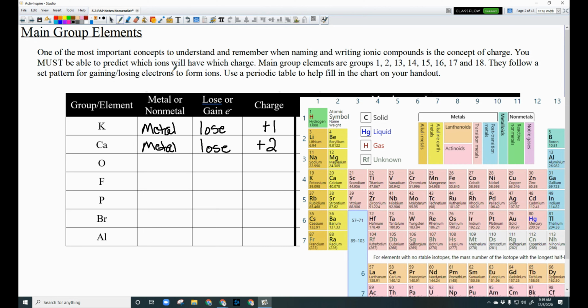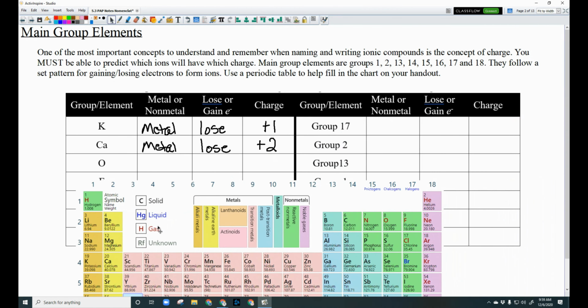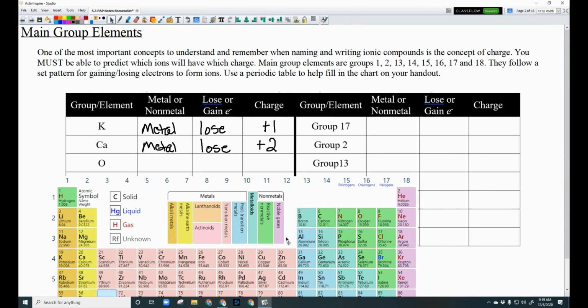All right. And so let's look at oxygen. Let's pull this down here now. All right, oxygen is a metal or a non-metal? Okay, we're going to say it's a non-metal because it's on this side of the stair step. And because it's a non-metal, it's going to gain electrons. How many?